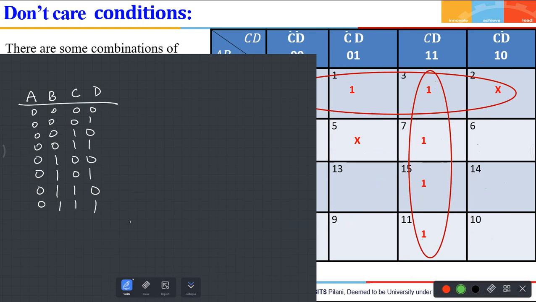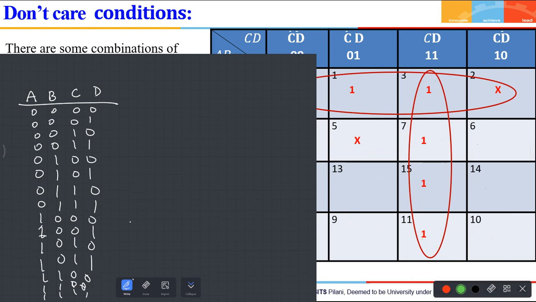After that 1 0 0 0, 1 0 0 1, 1 0 1 0, 1 0 1 1, 1 1 0 0, 1 1 0 1, 1 1 1 0, 1 1 1 1, yes or no? Whatever it be, you write the proper combinations.